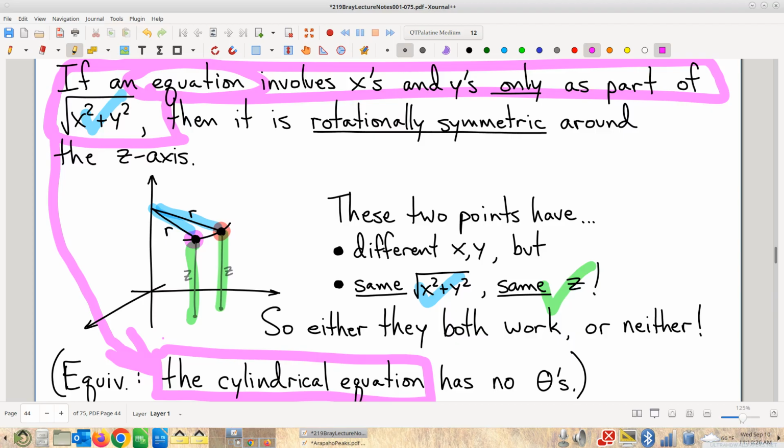The thetas would have to come from x or y. But wait a minute. x and y only appear as part of this expression, which is r, which has no thetas in it. So any equation like this simply will not have any thetas, and we've already talked through that if you have a cylindrical equation with no thetas, it's rotationally symmetric.